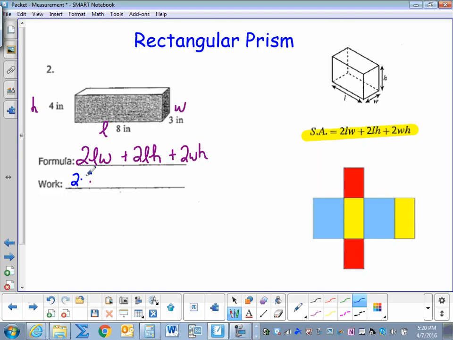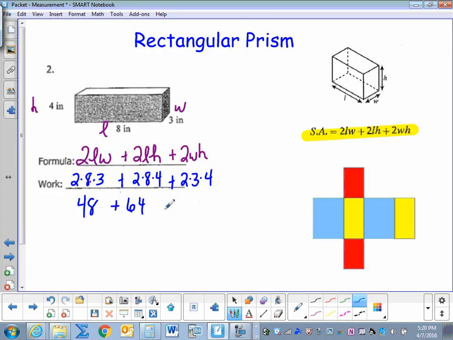2 times 8 times 3, which is 24 times 2, which is 48, plus 2 times 8 times 4. 8 times 4 is 32, times 2 is 64, plus 2 times 3 times 4.